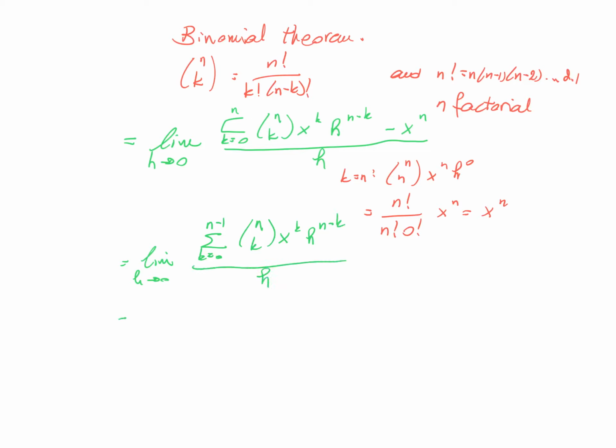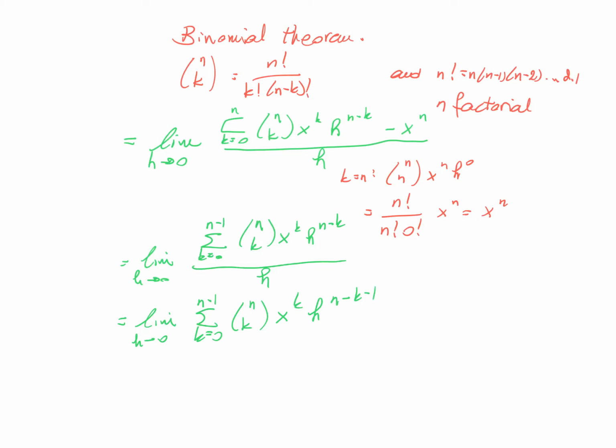Then every term has a factor h, so we can divide out one of the h's. So it's the limit h to 0 of the sum k is 0 to n minus 1, k out of n, x to the power k, and then we divide out one of the h, so it becomes h to the power n minus k minus 1.